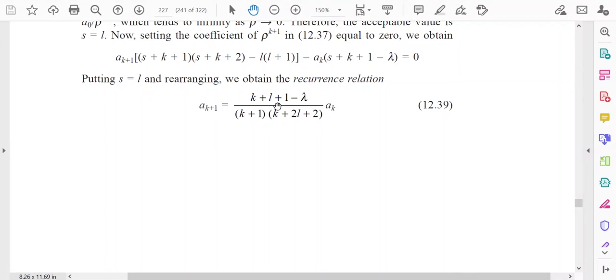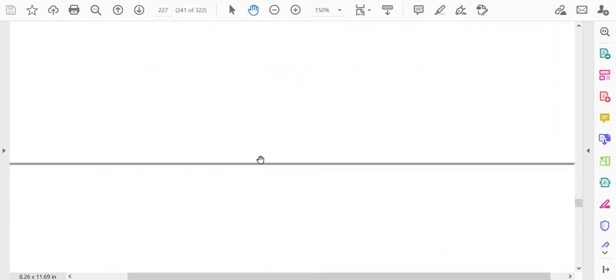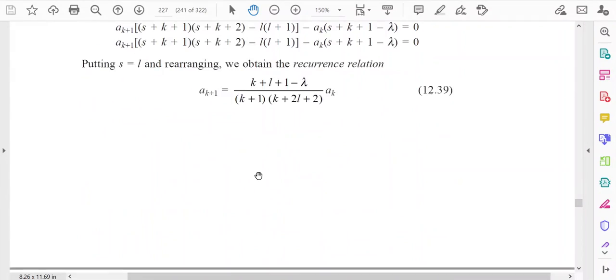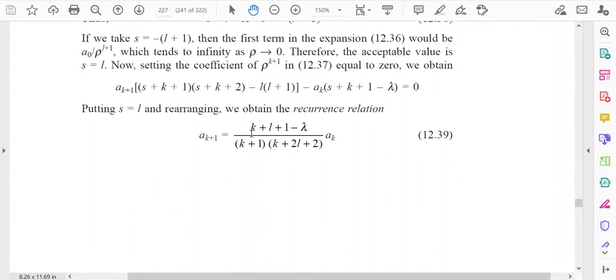So to terminate the series, we have to make the numerator equal to 0, and we are assuming the numerator is 0 for k equal to nr. So from this relation, we write k equal to nr: nr plus l plus 1 minus lambda is equal to 0. So lambda will become nr plus l plus 1.